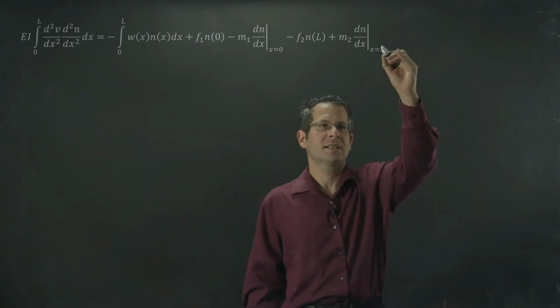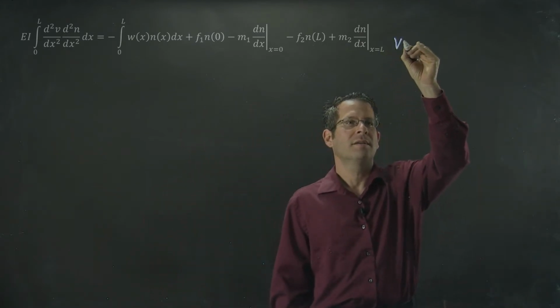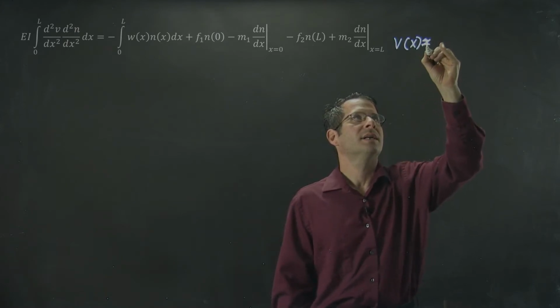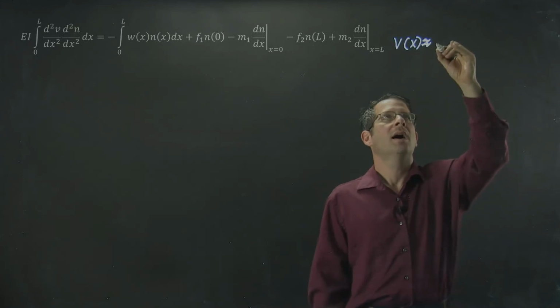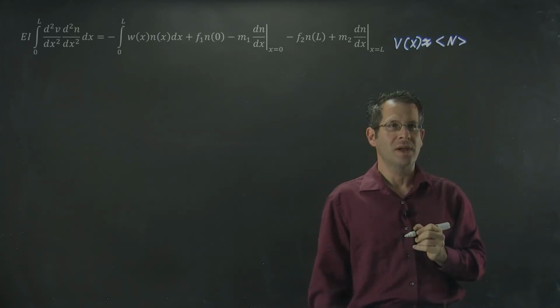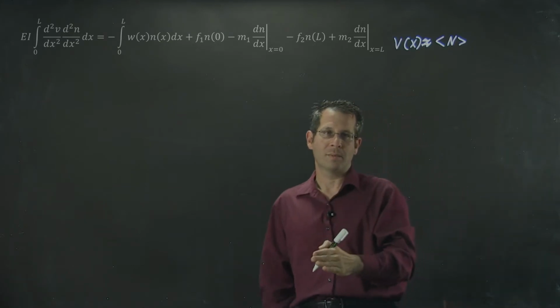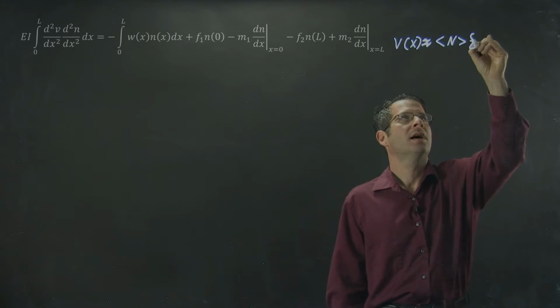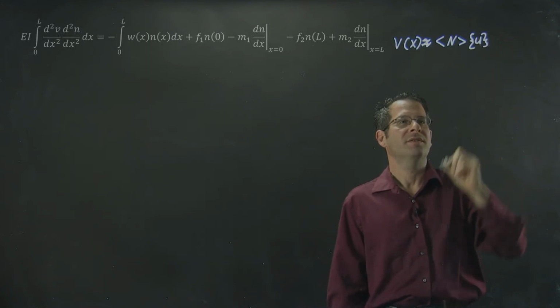We're going to approximate v of x as approximately equal to our shape vector, the same shape vector that we derived when we were looking at the principle of minimum potential energy method, times our displacement vector.